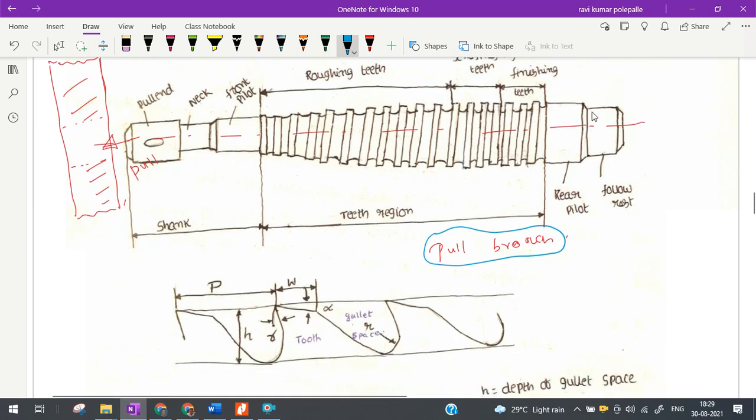So there is a rear pilot and follow rest. So we find a neck here and a pull end. So the machine holds this neck and pulls the tool, right? So we may find a sort of reduction in dimensions of the neck.